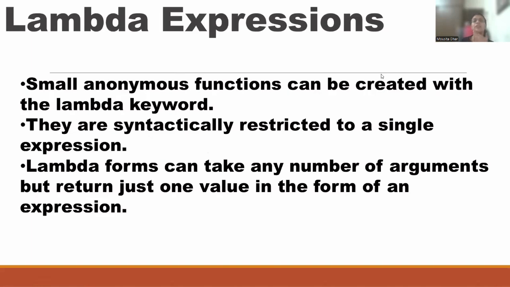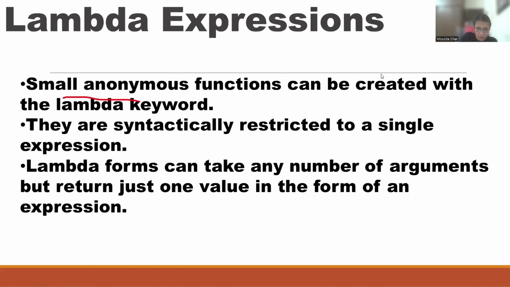Next is lambda function. Lambda function is a function which we write in a very small line, in a single line. But those functions should also be small. We say small anonymous function.